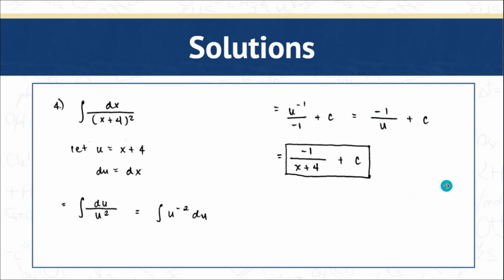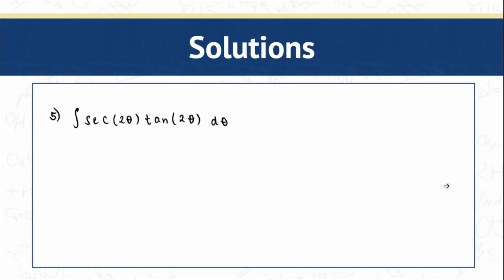For the next problem, number 5. So we will be integrating secant of 2 theta times tangent of 2 theta d theta. And this part, whatever is inside of secant and tangent, we can probably substitute u in there. So let's just try that. Let u be equal to 2 theta.